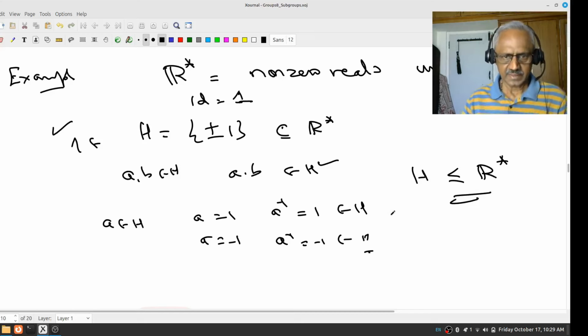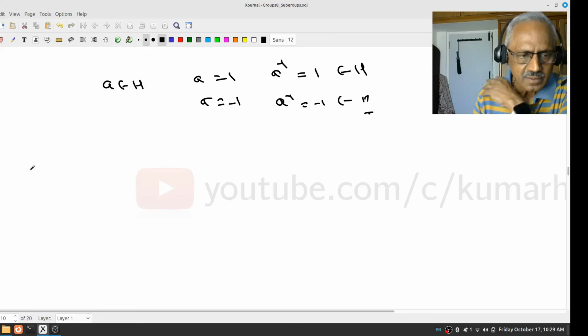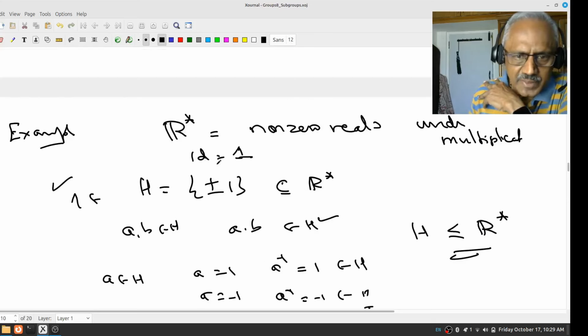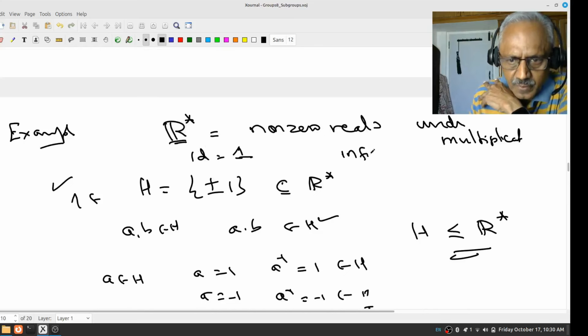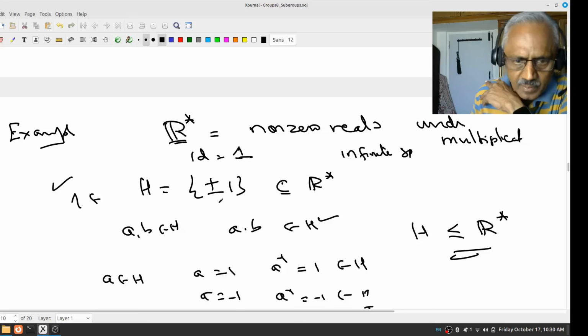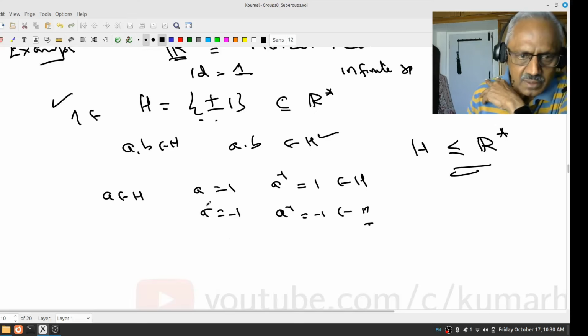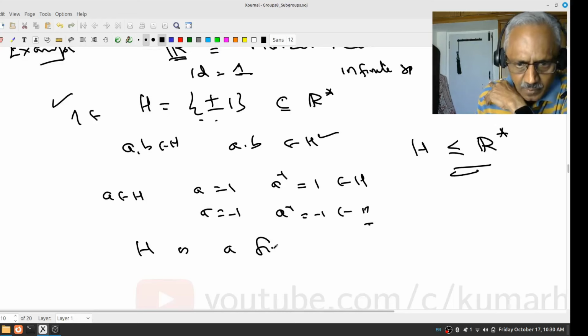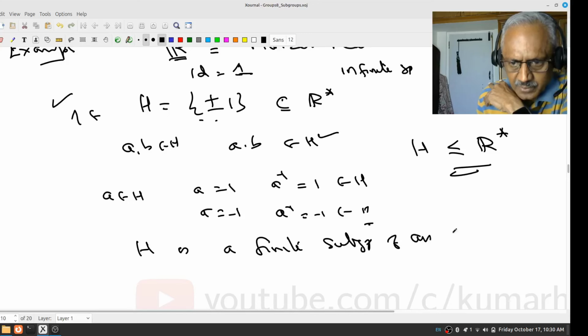Now R star is an infinite group, it's not a finite group. But H is a finite subgroup of an infinite group.